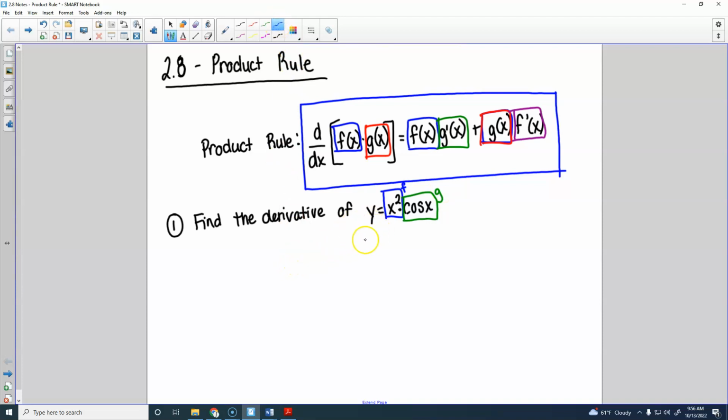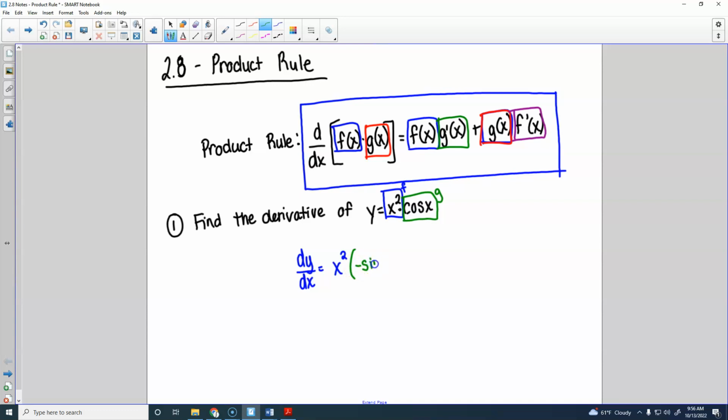So if we're going to find our derivative, we would have dy over dx equals, and then we would have f, so just straight f without taking the derivative of it, just x squared, times the derivative of g. So derivative of g, what's the derivative of cosine?